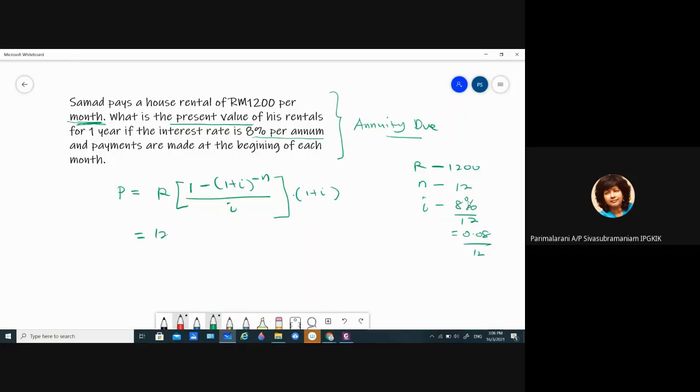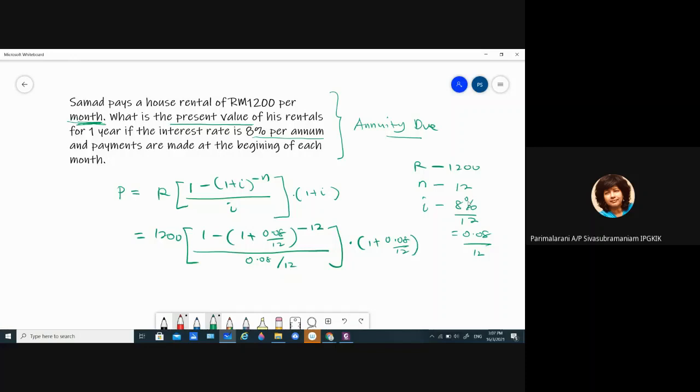So we substitute here. We have 1,200 over 1 minus 1 plus 0.08 over 12 to the power of negative 12, divided by 0.08 over 12, times 1 plus 0.08 over 12.